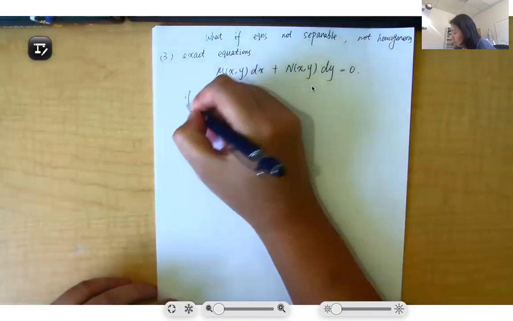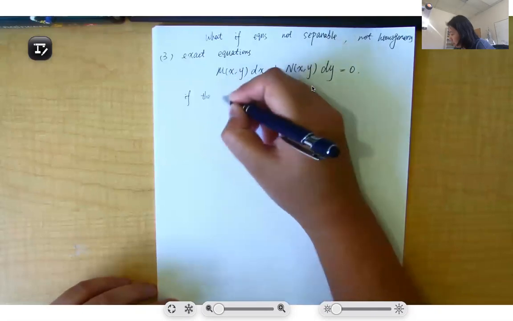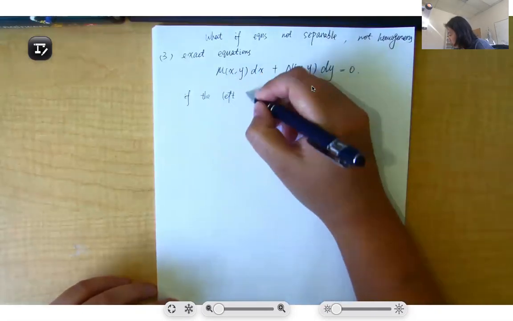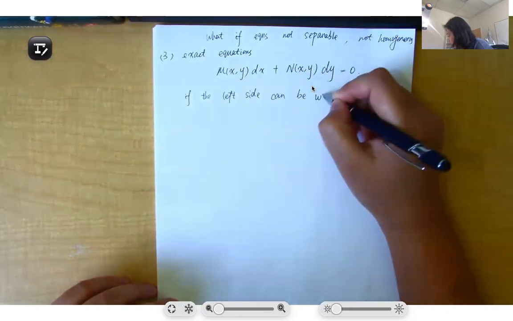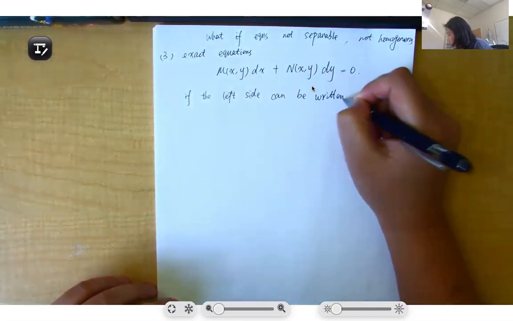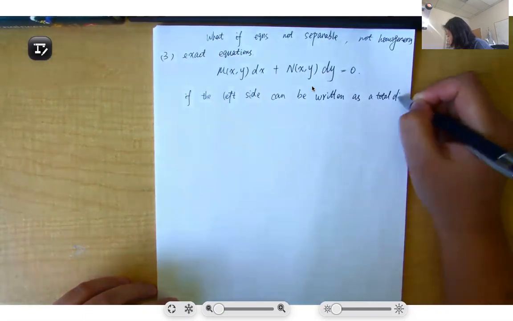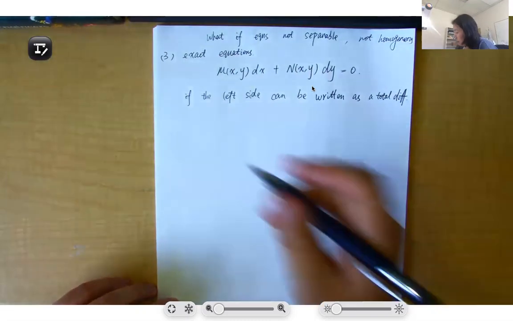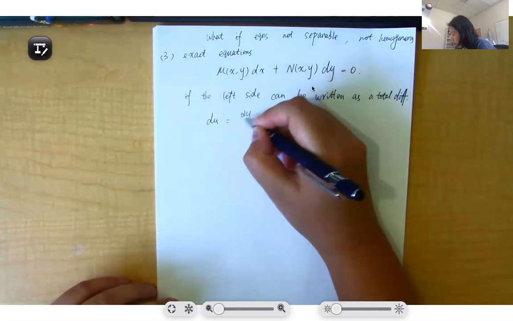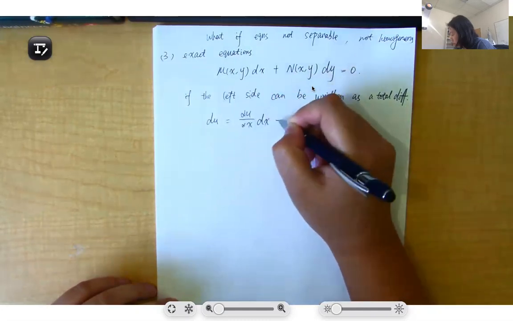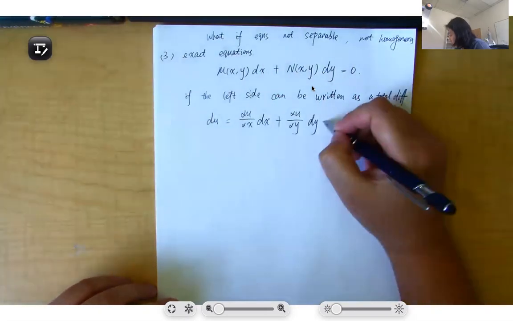So if the left-hand side can be written as a total differential, then that means du equals ∂u/∂x dx plus ∂u/∂y dy, which equals 0.